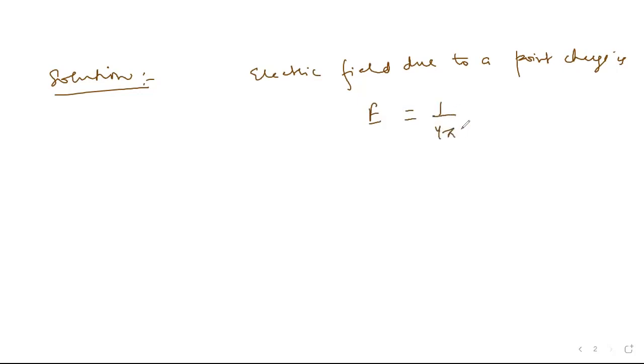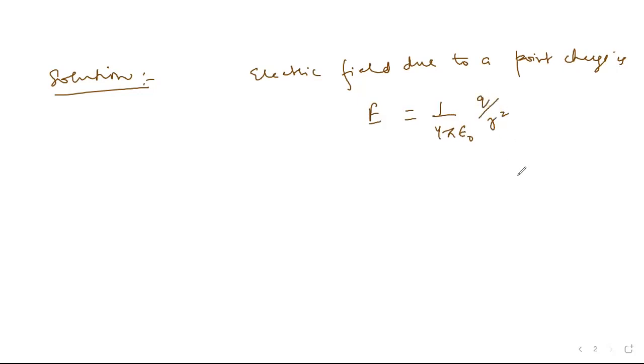Expression for the electric field due to a point charge is, E is 1 over 4 pi epsilon q by r square.